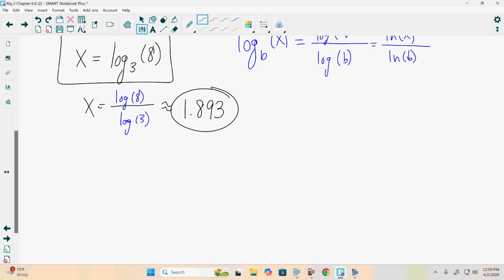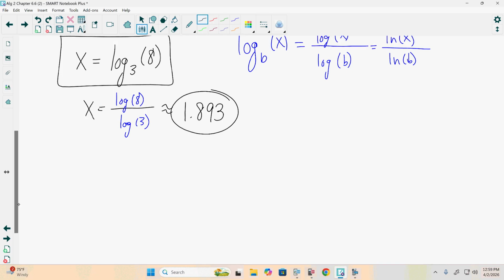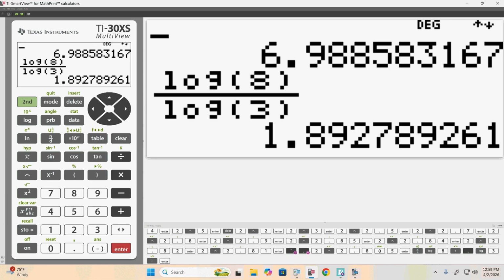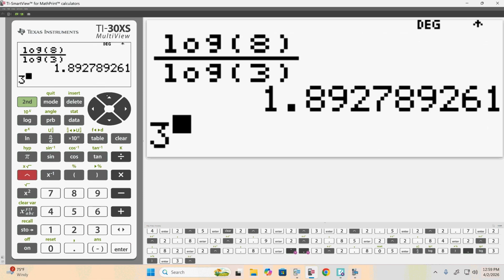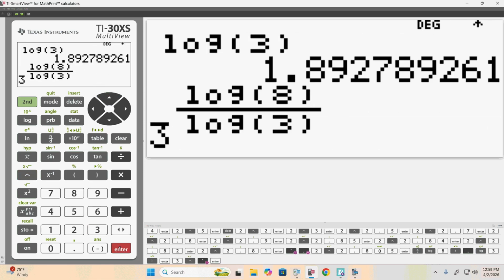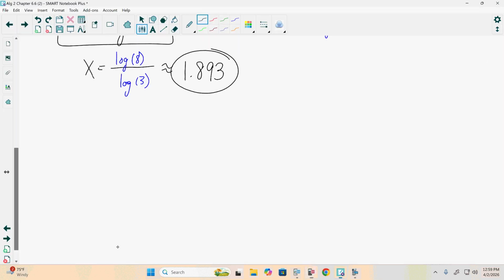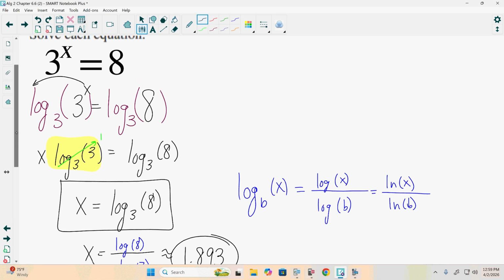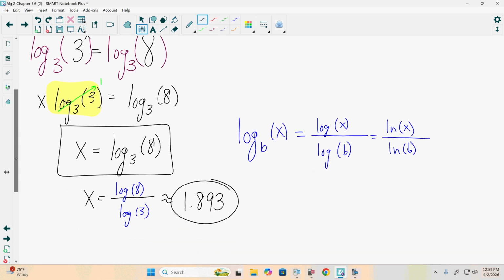And that would be our approximate value of this here. So that's telling me 3 to this here should give me 8. So if I go 3 to the, it tells me it is indeed 8. Questions on this here? We're ready for the next one.